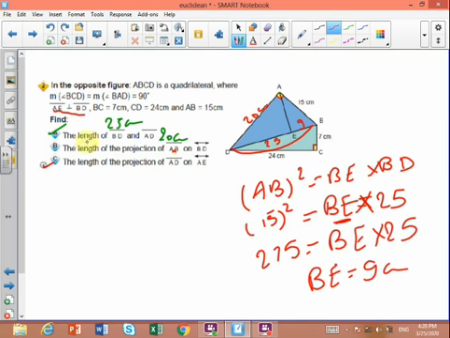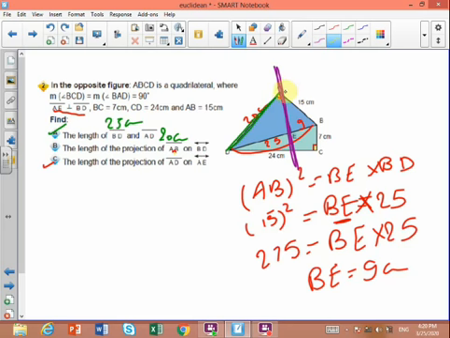What else? The last thing he wants is the length of the projection of AD. Where is AD? Excellent. This is AD. On what line? On BD also? No, not on BD. He wanted it on AE. Where is AE? Yes, mark your line. This is AE.